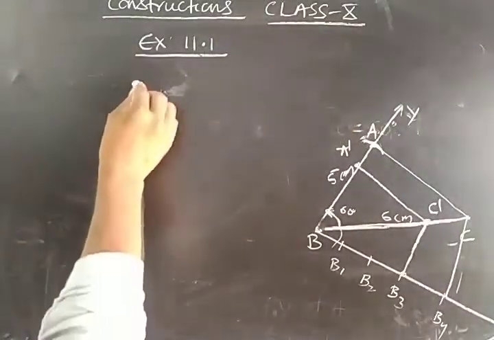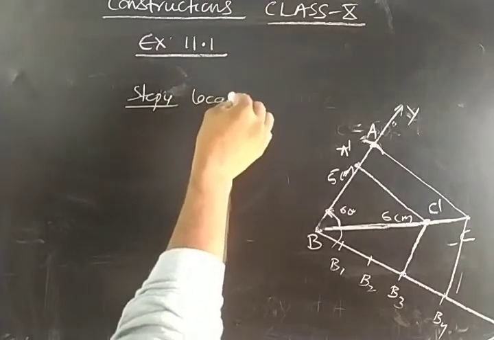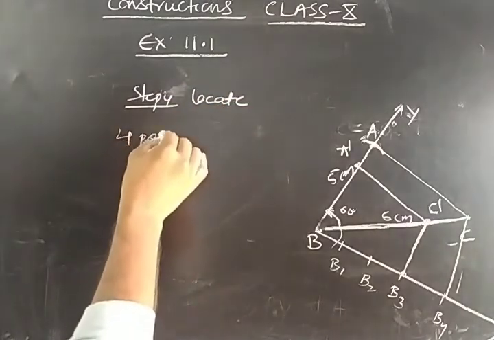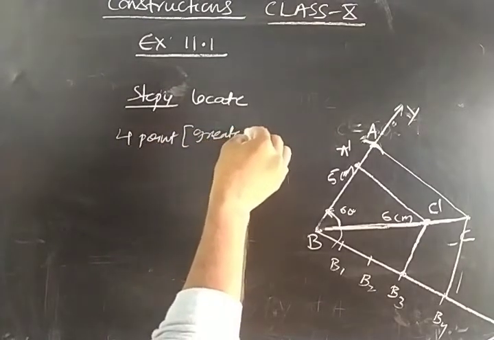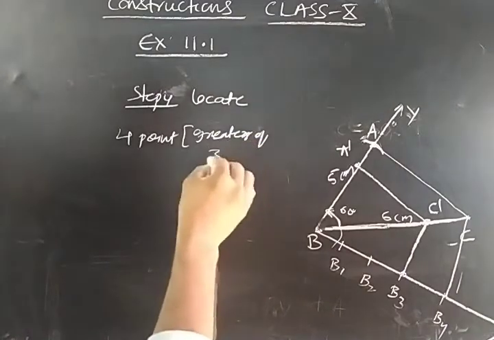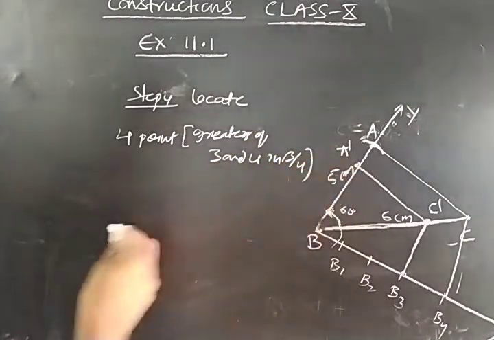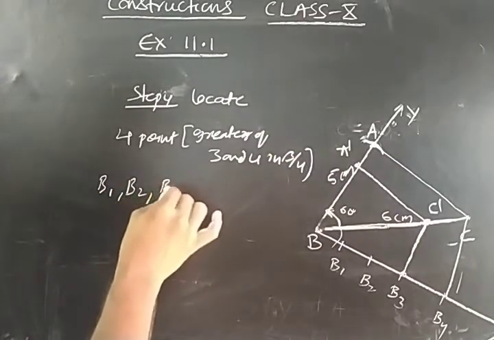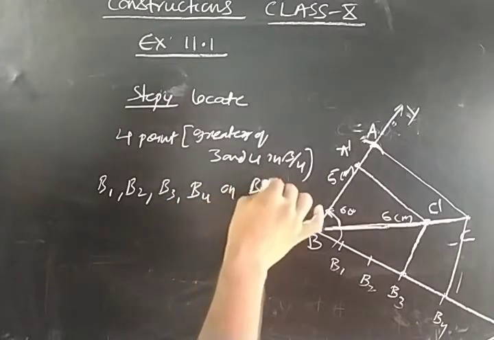In step 4, locate 4 points. Why? Because 4 is the greater of 3 and 4 in 3/4. Locate 4 points, B1, B2, B3, B4 on BX.